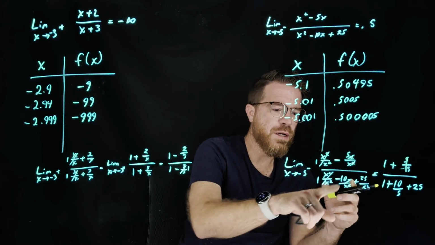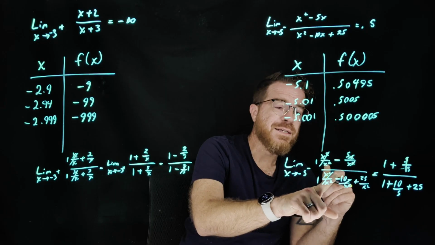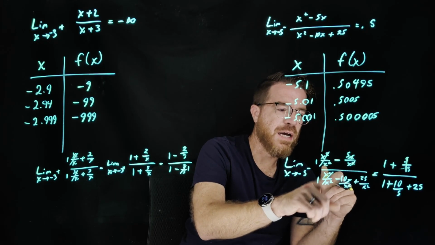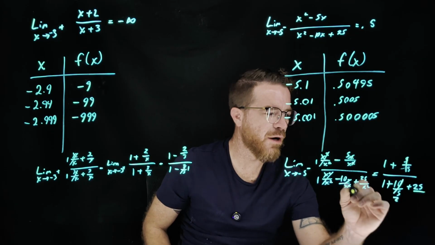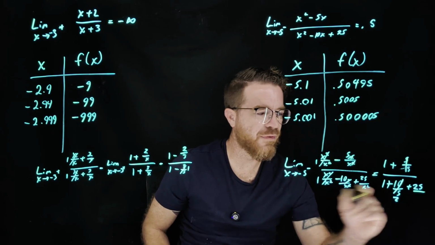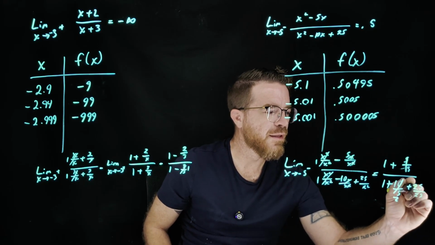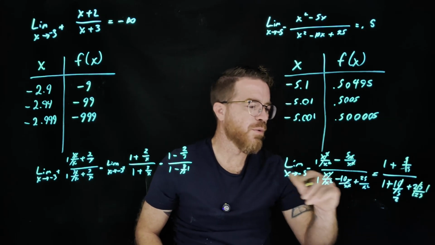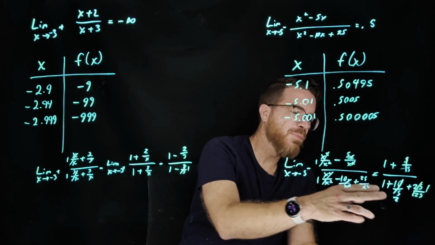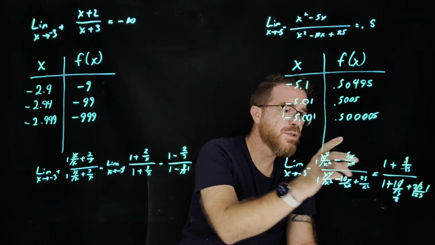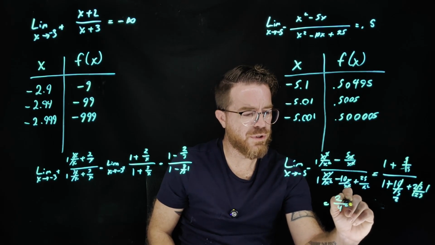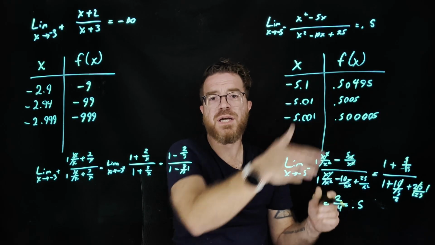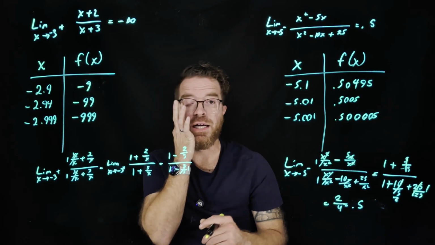And this one is going to be 1 minus 10 over -5, so it's going to be plus 10 over 5, good. And then, of course, we're also dividing by our x squared, which in this case is going to be -5 squared, which is going to be 25. So we're going to end up with 1 plus 2 plus 1 is 4. So this is going to be 2/4, which is equal to 0.5. So this one does agree with what we got.